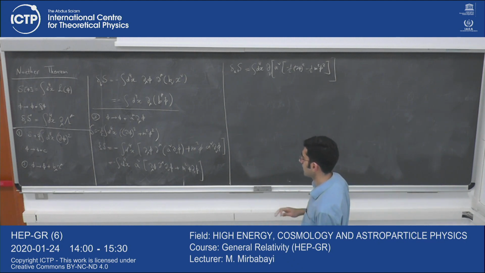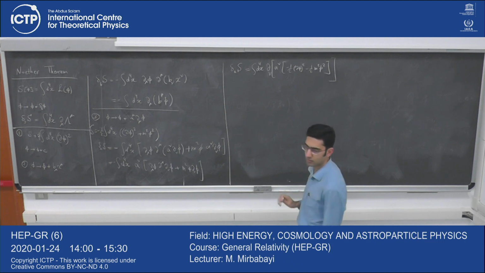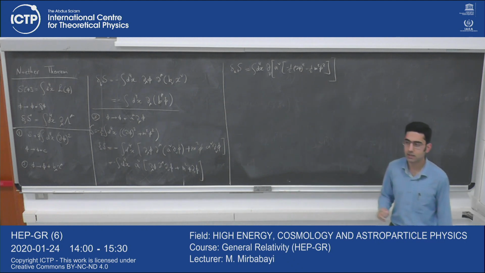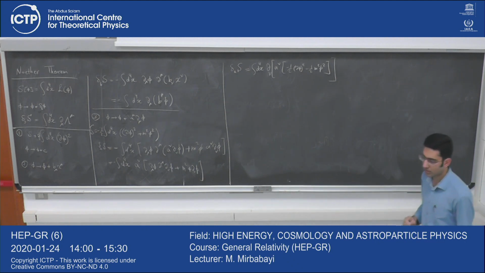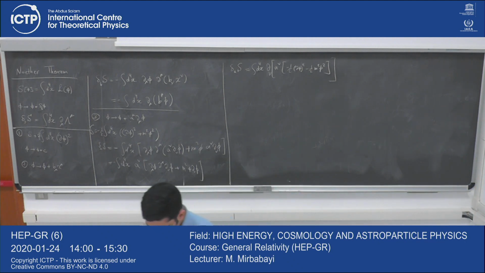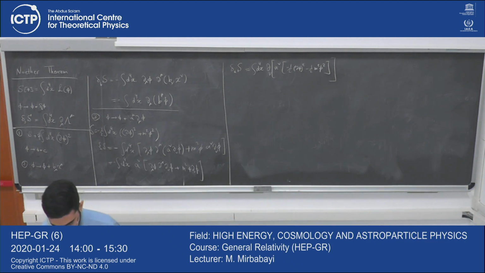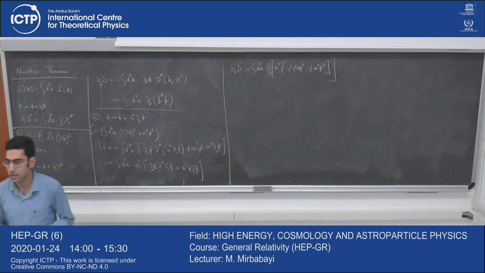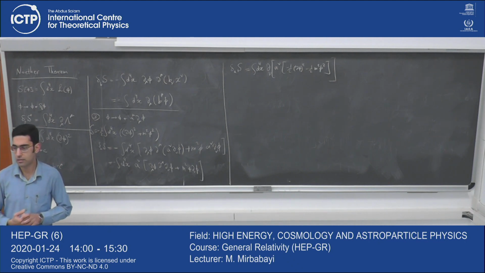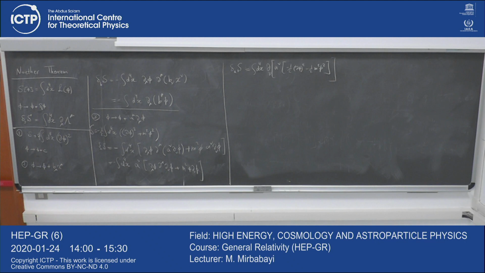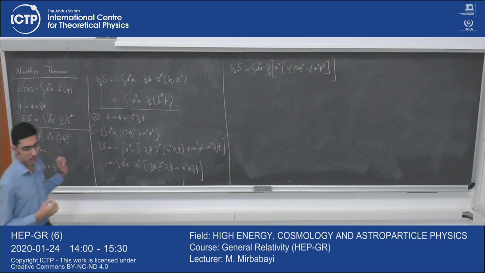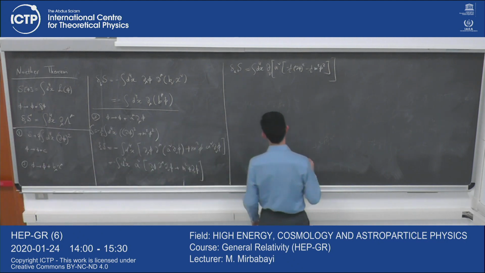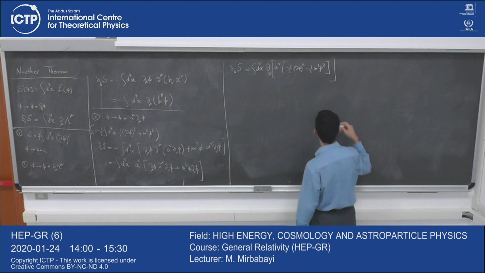So we defined what we mean by having a symmetry of the action. Now, when we have a symmetry of the action, Noether's Theorem tells us that it leads to a conservation law, and we want to derive that conserved quantity. So there is a prescription to derive that conserved quantity. How do we derive it?